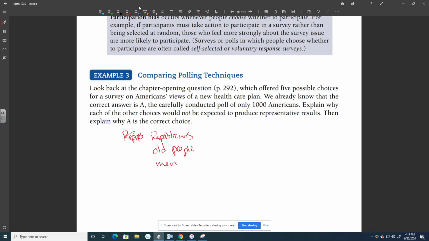Based on the sample that you took, is there a reason to assume or worry that there might be some bias in the way that things are being answered? This one is usually pretty easy to see. Okay, this one, usually when you start looking at the groups that they picked from, it's pretty easy to see.